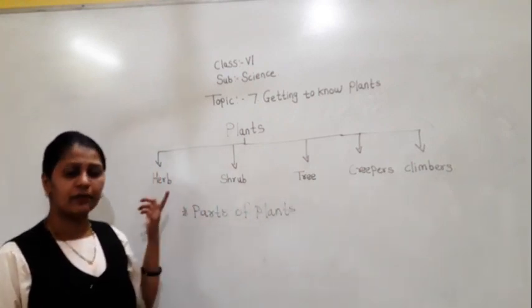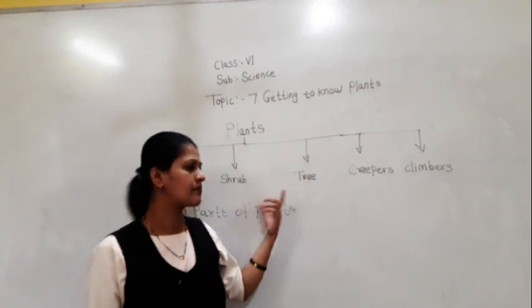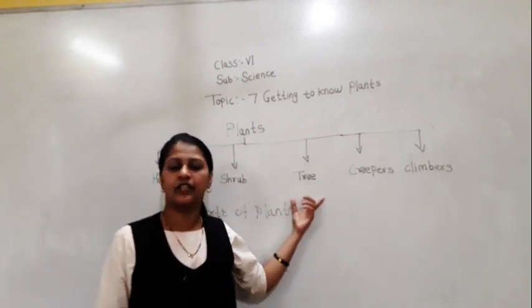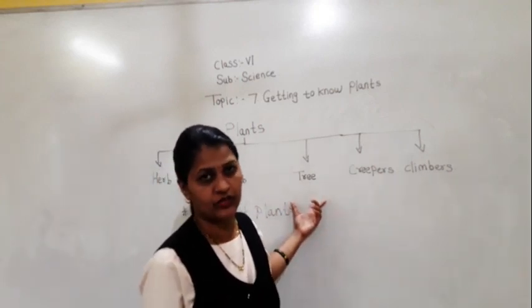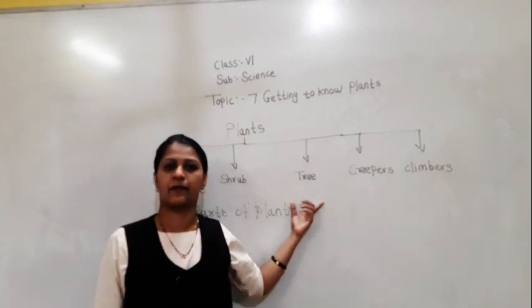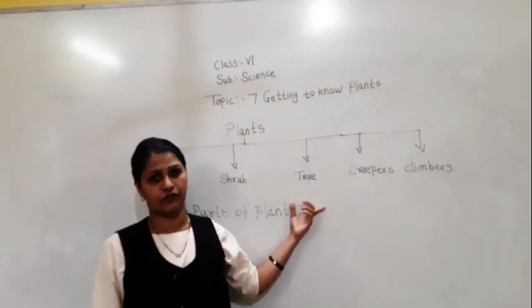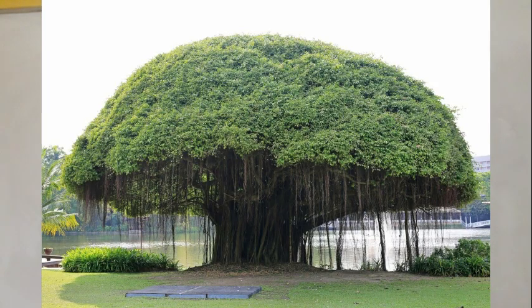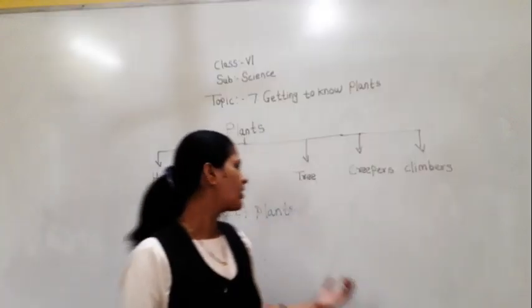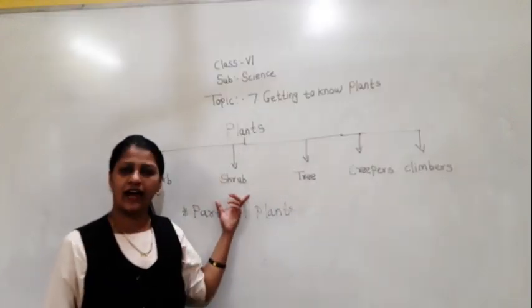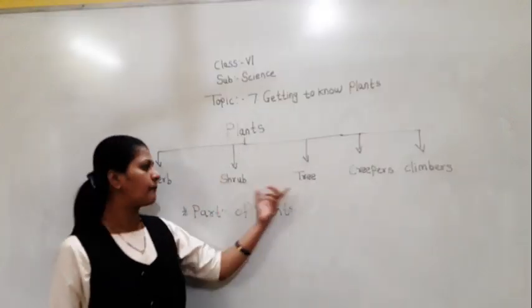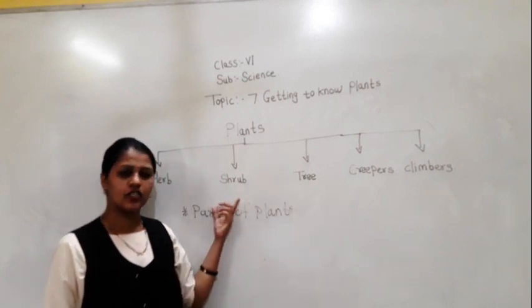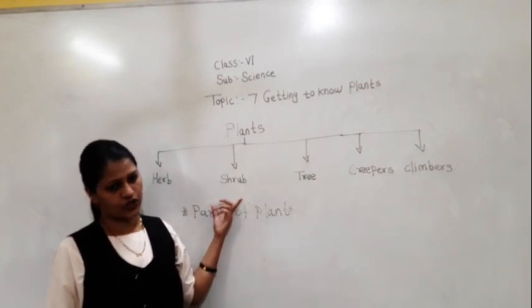It can live for a number of years, but it cannot live as long as trees. Trees can live for millions of years. You might have heard about the banyan tree, which has a lifespan of millions of years. So shrubs do not have too much lifespan compared to trees.